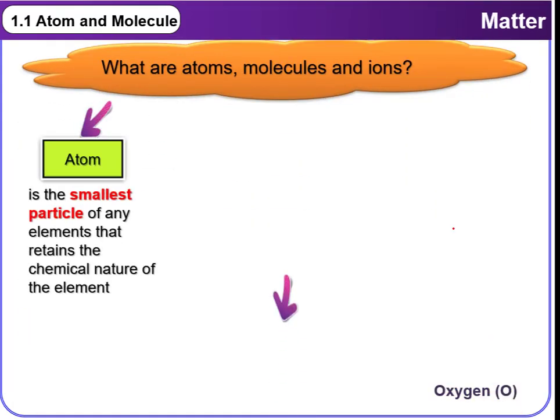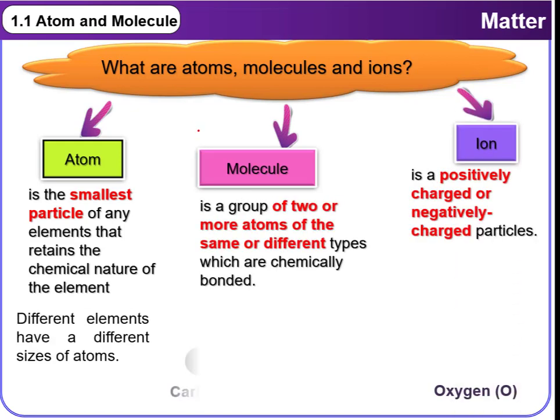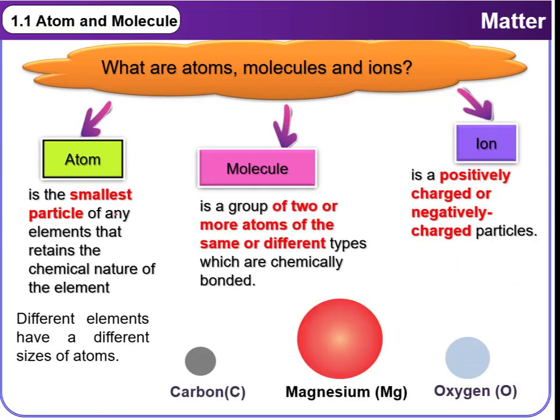Next, what are atoms, molecules, and ions? So atom is the smallest particle of any element that retains the chemical nature of the element. Molecule is a group of two or more atoms of the same or different types which are chemically bonded, such as CO2 molecule. How about ion?